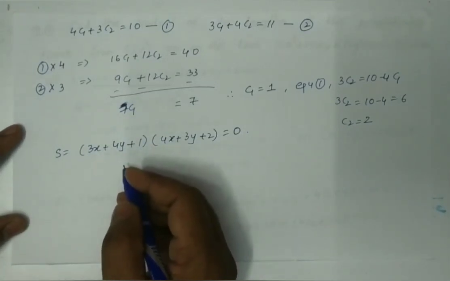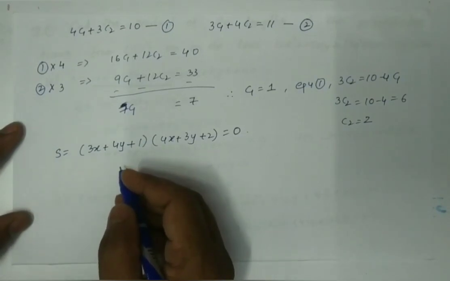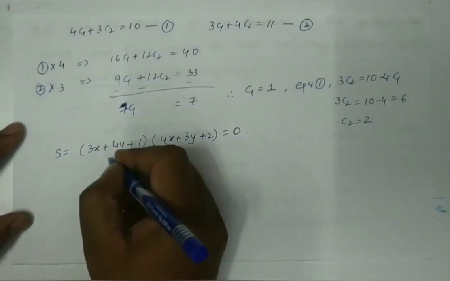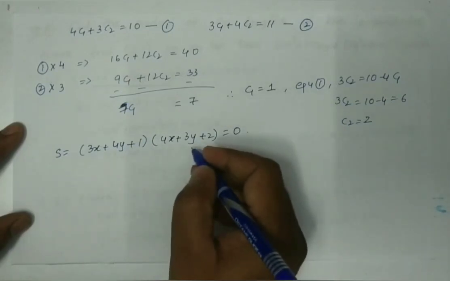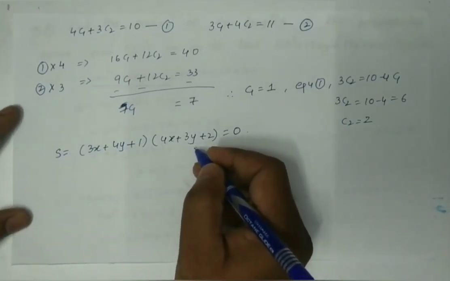Okay, so now let us find the perpendicular distance from the point (2, 1) to this straight line and also the perpendicular distance from the point (2, 1) to this straight line.